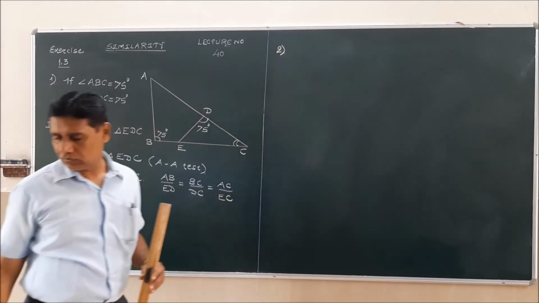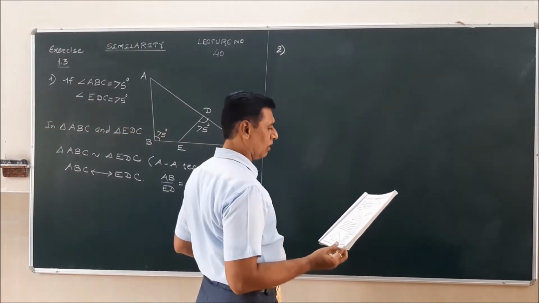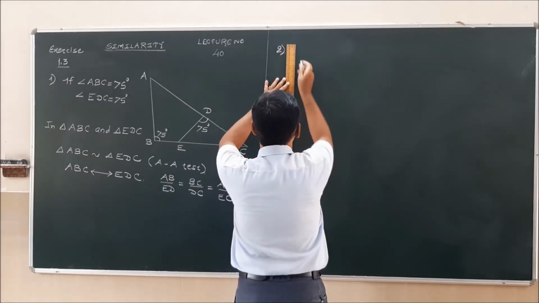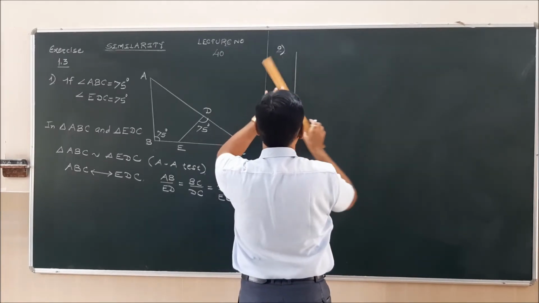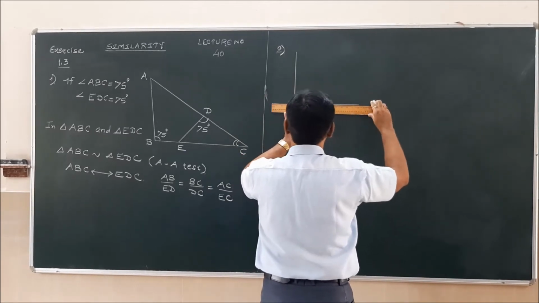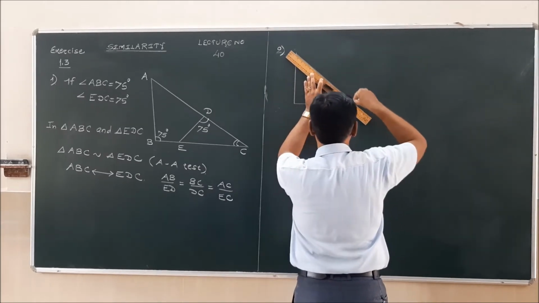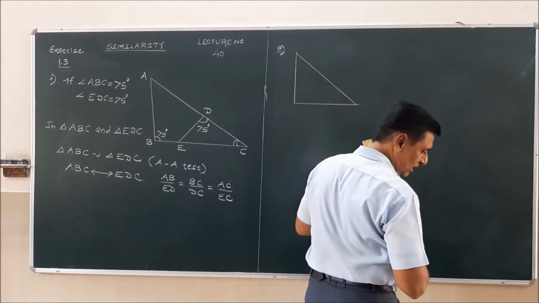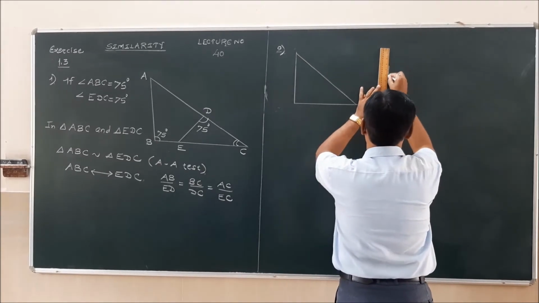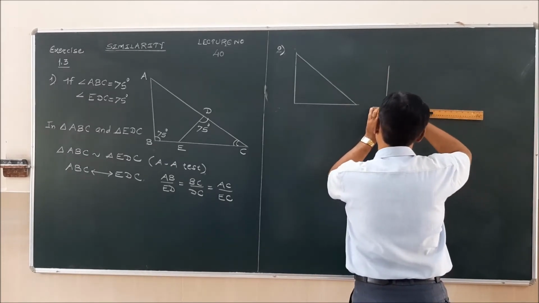In question number 2, you will find two triangles are given, triangle PQR and LMN. So triangle PQR. Now please see, dear students, some things are very important. You might have observed that I am using a scale to draw figures.